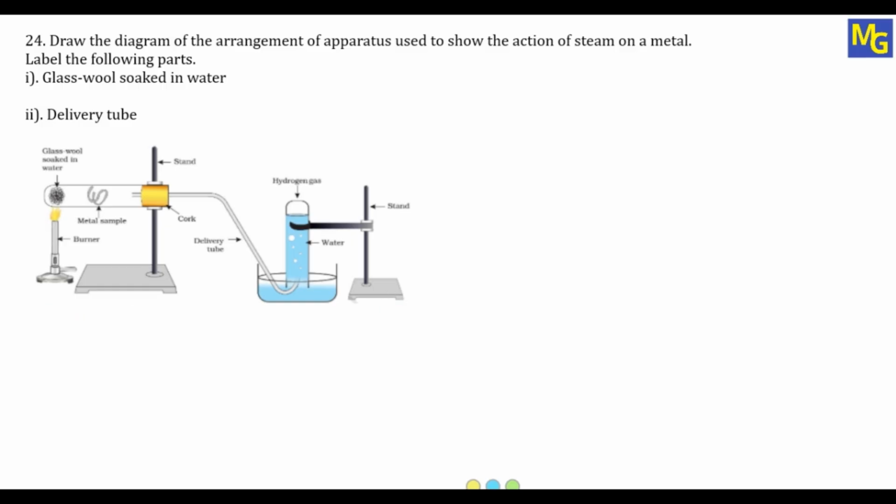It is a very easy and simple diagram. This question is from the chapter metals and non-metals and it is present on page number 43. So remember the chapter name is metals and non-metals, and the page number is 43.